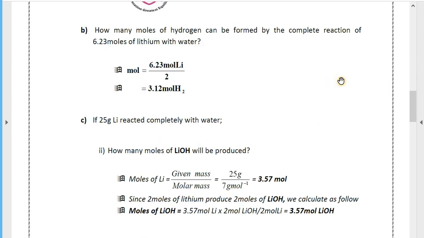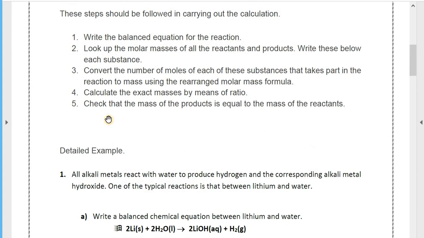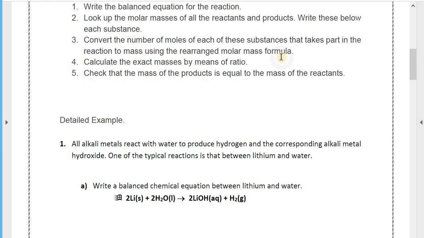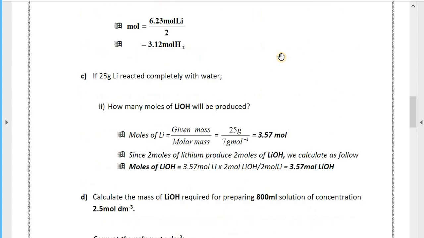But now we have been given the mass of lithium and not the number of moles, which is why we should be able to convert. Remember from our steps here, look up the molar masses of all the reactants and products, then convert the number of moles of each of these substances into the mass equivalent.